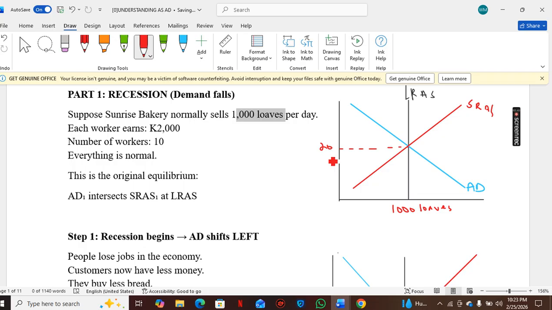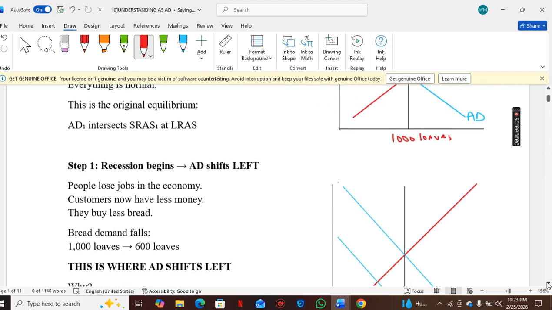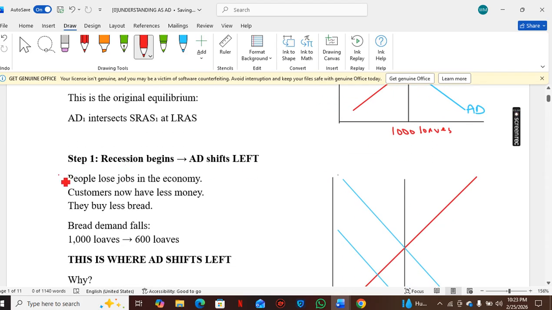So now let's say a recession hits. The economy is doing bad. People lose jobs. People are not working anymore. Customers now have less money.